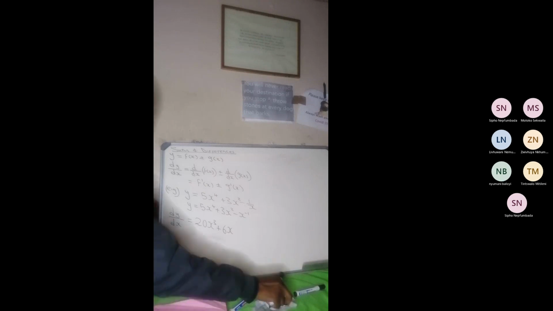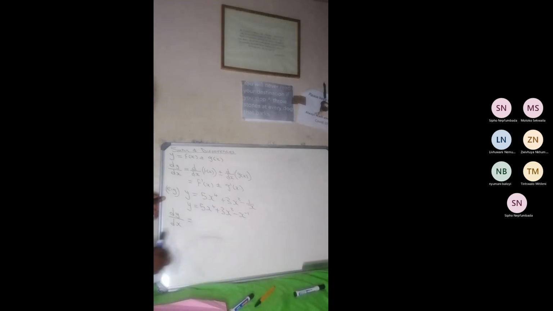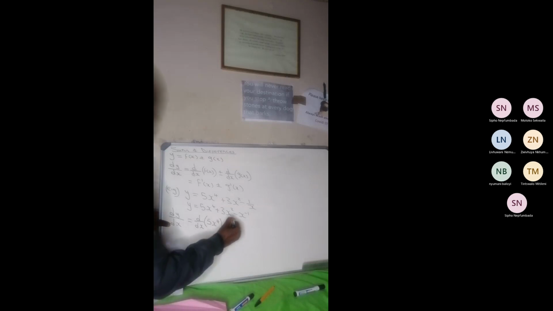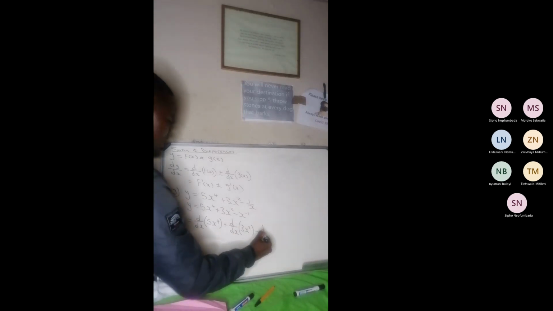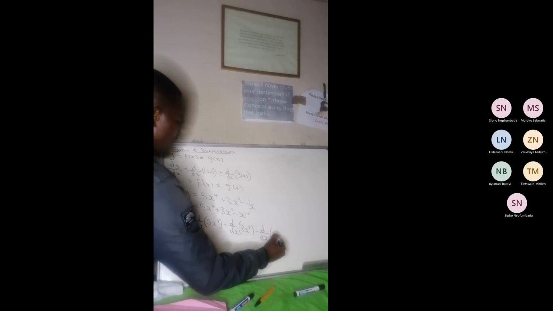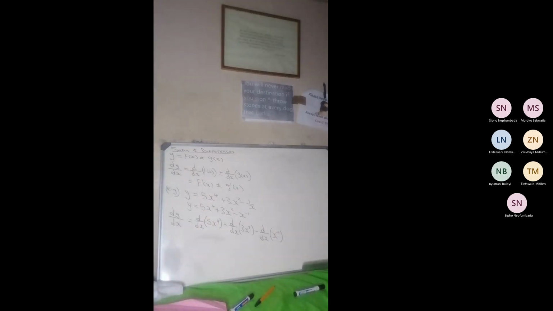On the exponent, we subtract 1, we get 1, so there's no need to write 1. Or if you are confused, I can say dy over dx is equal to d/dx of 5x to the power 4 plus d/dx of 3x squared minus d/dx of x to the power minus 1. Are we sorted there?